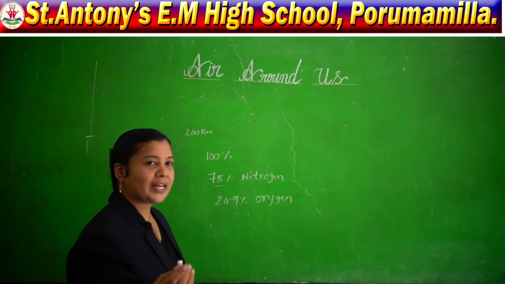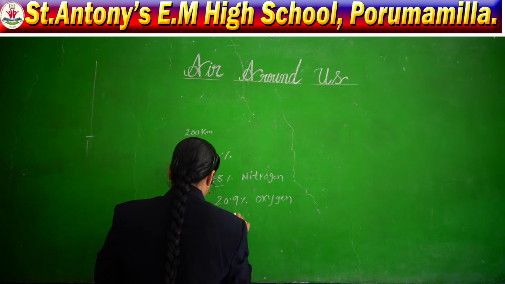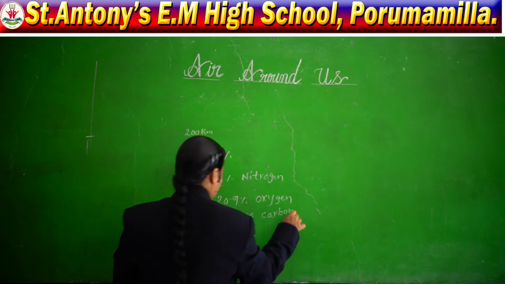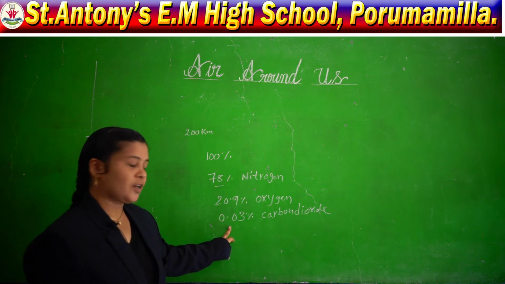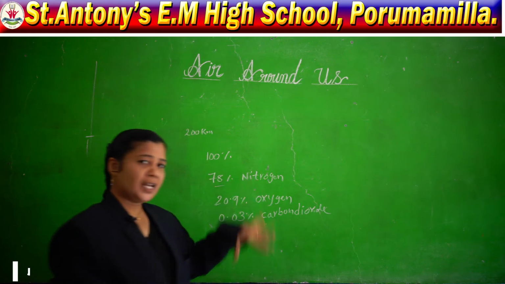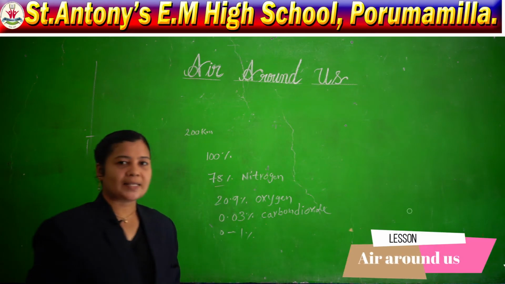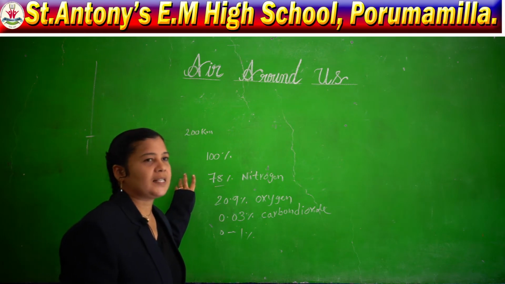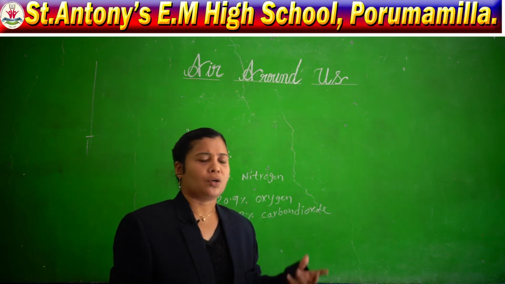So what about the remaining? Carbon dioxide makes up 0.03% of the air. The remaining gases are the other gases. So air is made up of several gases like nitrogen, oxygen, carbon dioxide, neon, argon, krypton.